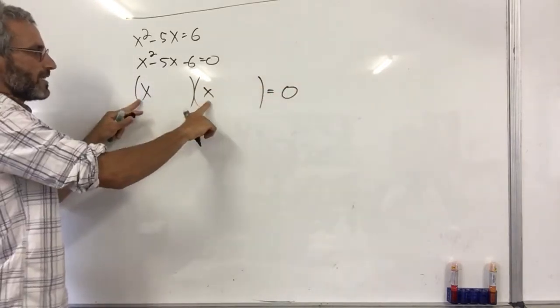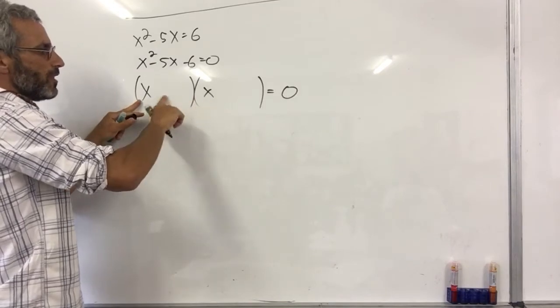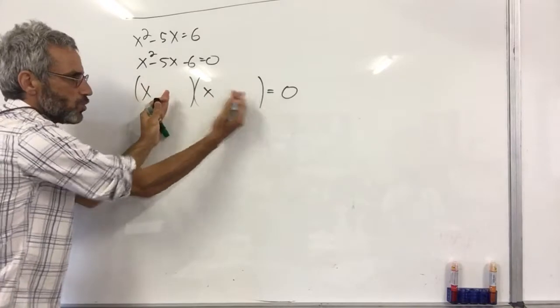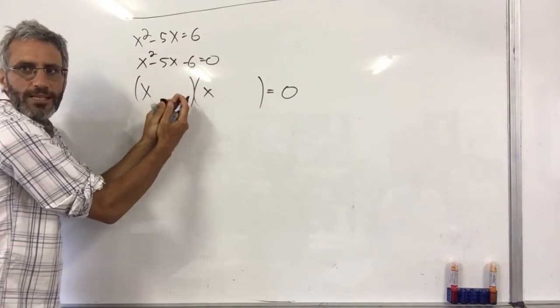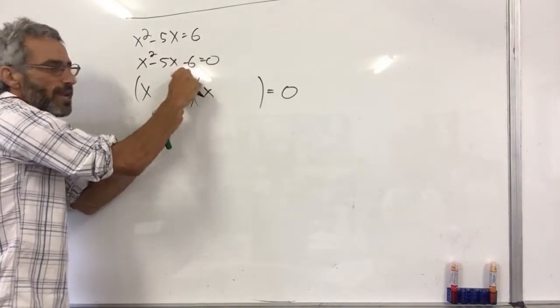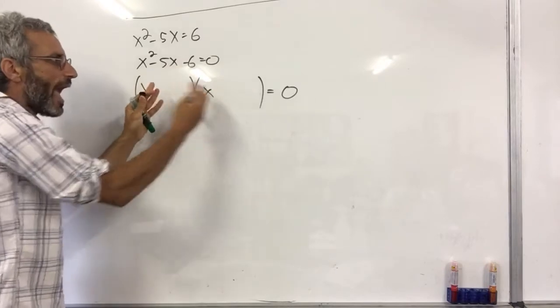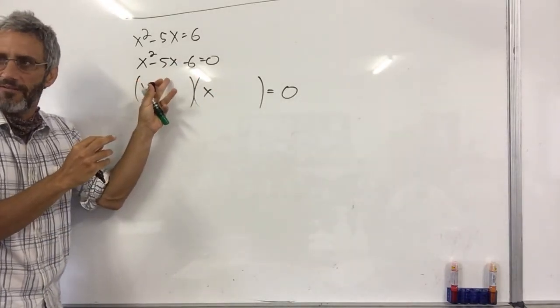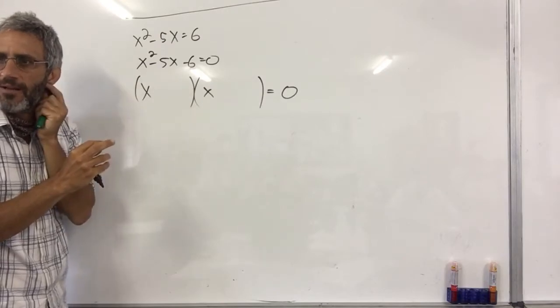So we put the x and the x here, and then we know that we have two numbers here. If I multiply these two numbers, what should I get? Negative 6. If I add these two numbers, what should I get? Negative 5. Can you think of numbers? Negative 2 and 3?